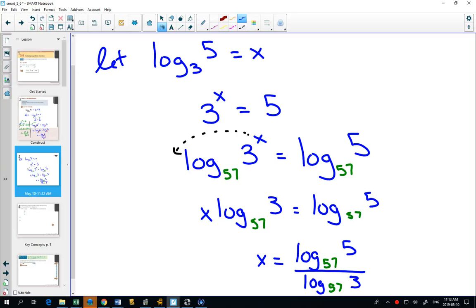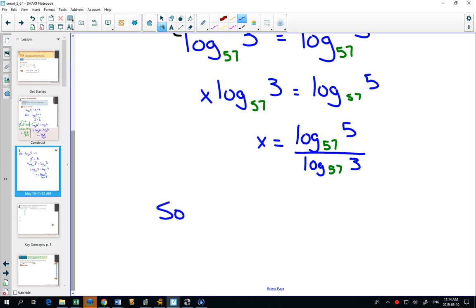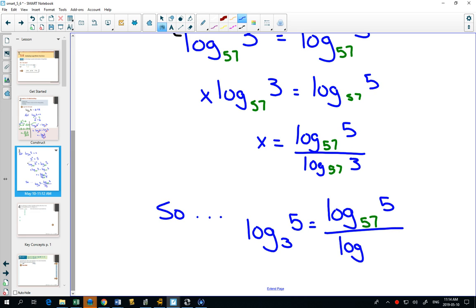Now, what did x originally equal? X originally was log 3 of 5. We let x equal log 3 of 5. So we can say log 3 of 5 is equal to log 57 of 5 divided by log 57 of 3.